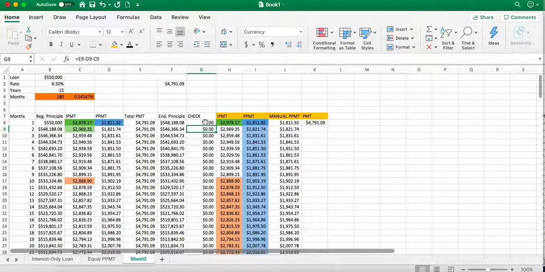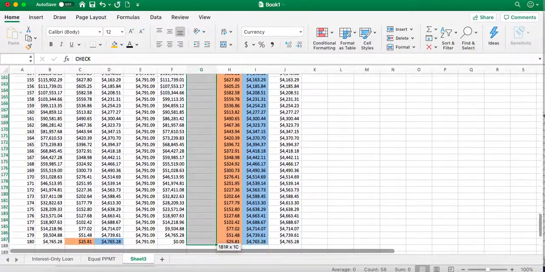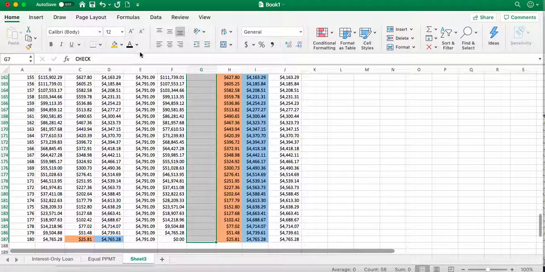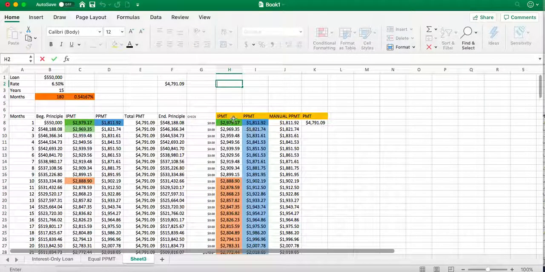So let me just make this small so we don't get confused of where we got these values from, because it's not really part of the amortization table, it's just a check your work kind of thing. Alright.